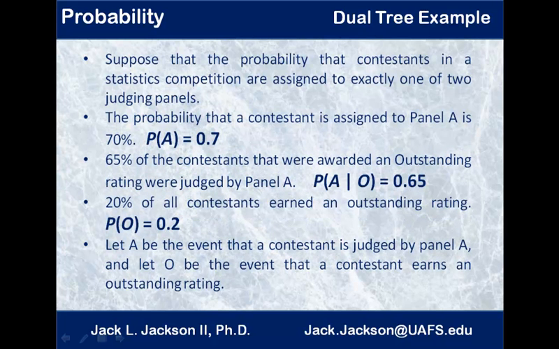So look what we've got here. The probability of A is 0.7. The probability of outstanding is 0.2. Since 65% of the contestants that were awarded outstanding were judged by panel A, we know they got an outstanding, so that's given, and 65% of those that got the outstanding were judged by panel A. So that's the probability of A given O. One of the things we're going to be interested in is finding O given A. We want to reverse that, so that's going to be the main focus.